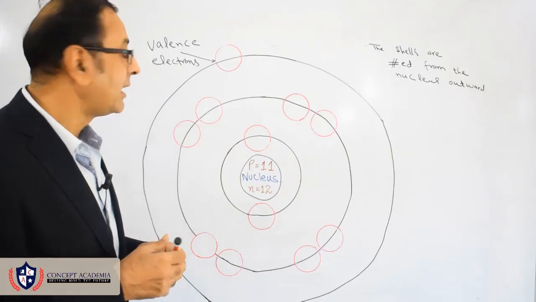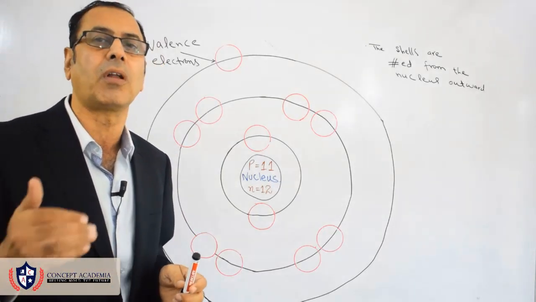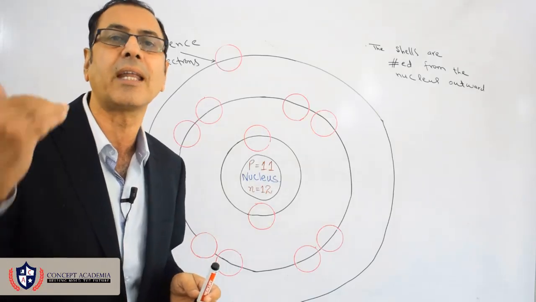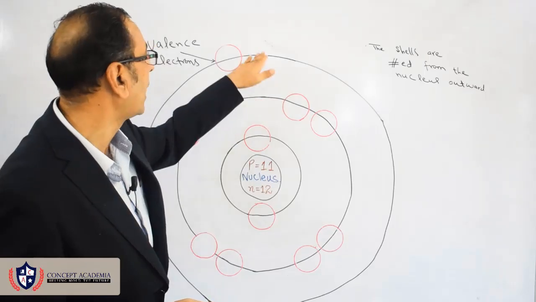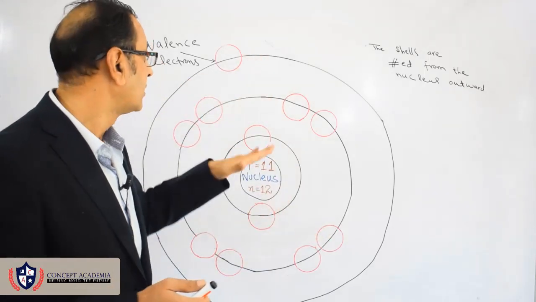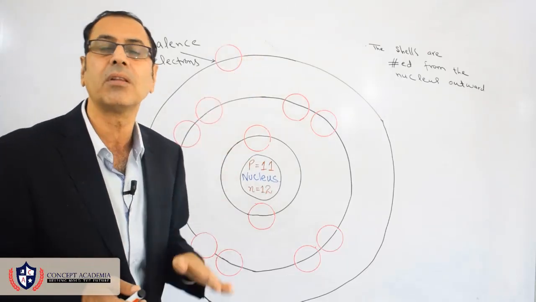These are also called energy levels. So you may call it a shell or an energy level: shell 1, shell 2, shell 3, or energy level 1, energy level 2, or energy level 3.